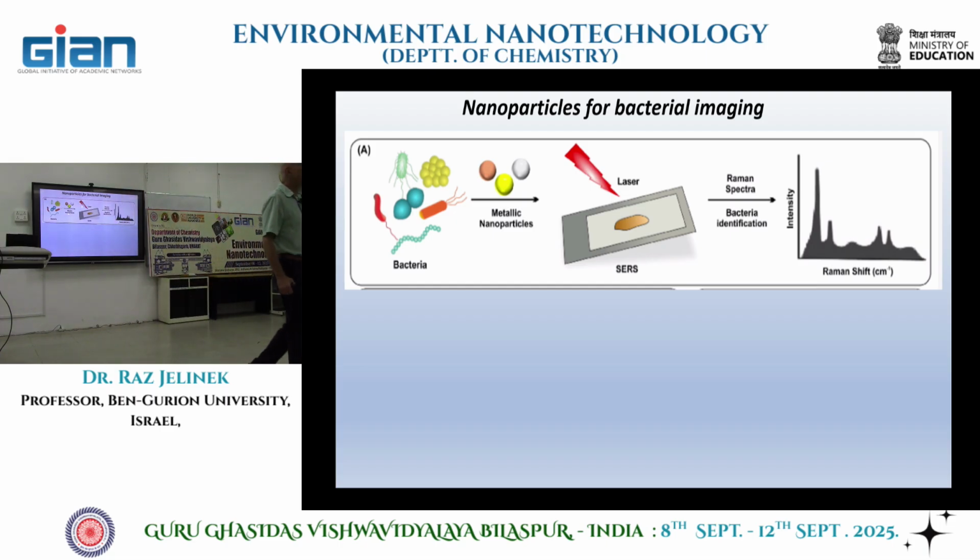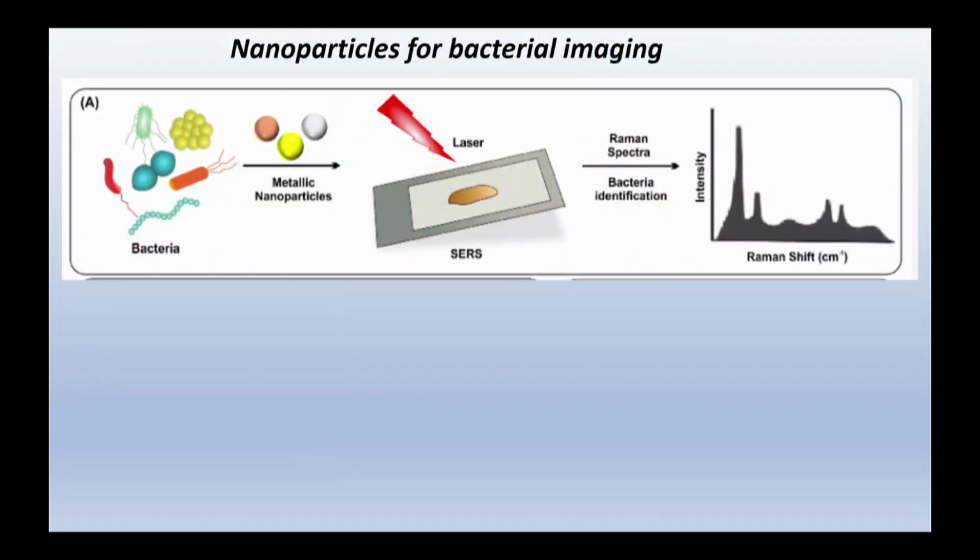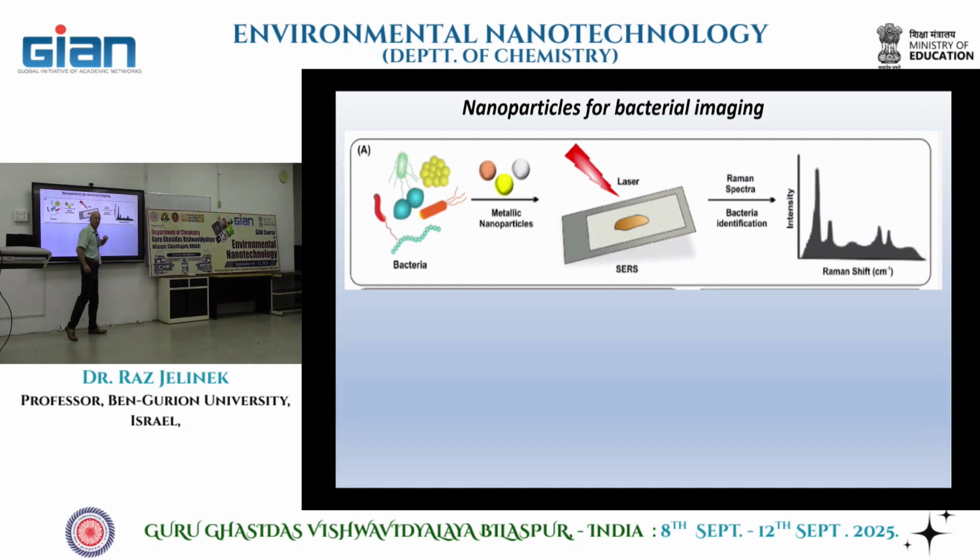Each nanoparticle will have a different Raman spectrum depending also on the environment. If the nanoparticles sit on the surface, we have one spectrum; if the nanoparticle sits on this bacteria, we're going to have a different spectrum.